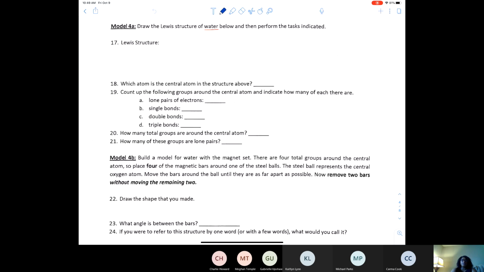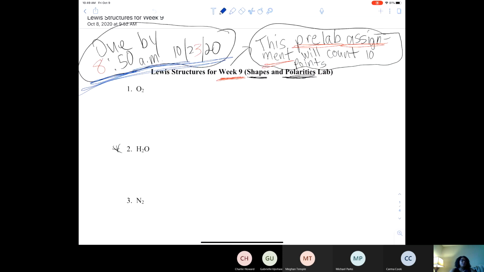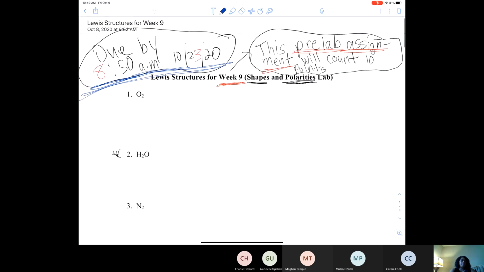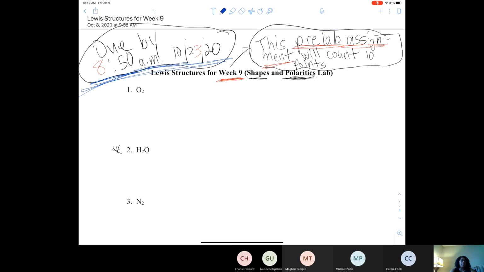Again, any questions about models 4, 5, or 6? And again, make sure you complete this document today and upload it to the week 7 lab Dropbox by 11:59 p.m. tonight. Your week 9 Lewis Structures document is not due until October 23rd, 8:50 a.m. But I will have the Dropbox set up early so you can submit it way before the 23rd if you like.